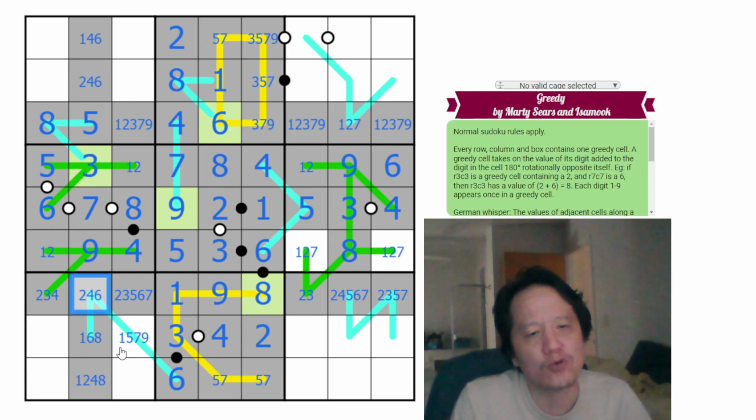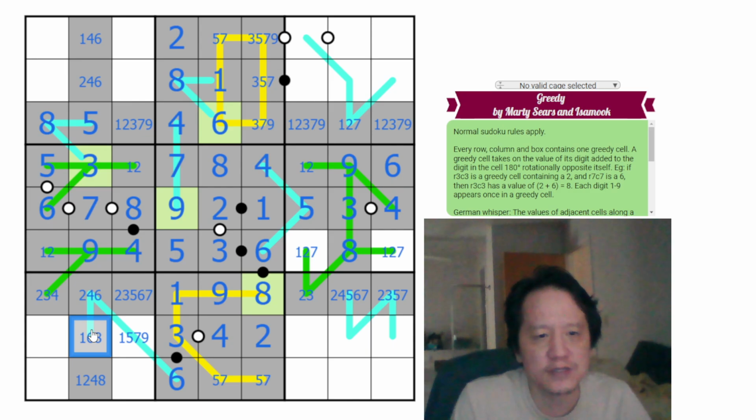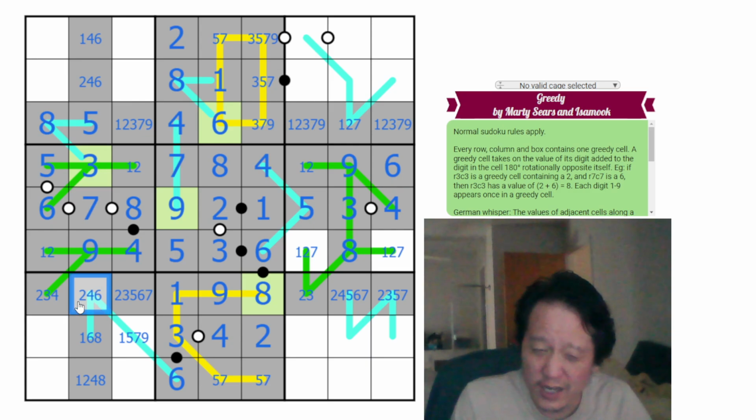Can this ever be 4? No. Because you would have to have a difference of 1 then, and this would have to be 5, but that would be 4, and this cannot be 3. So this can never be 4. Can it be 2?